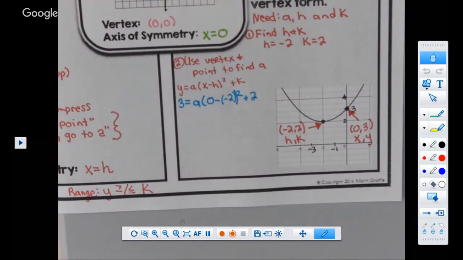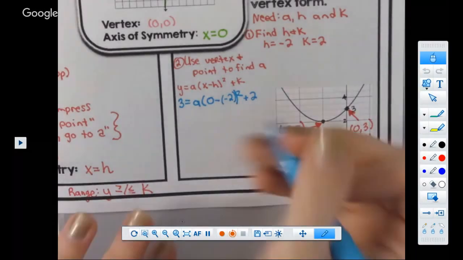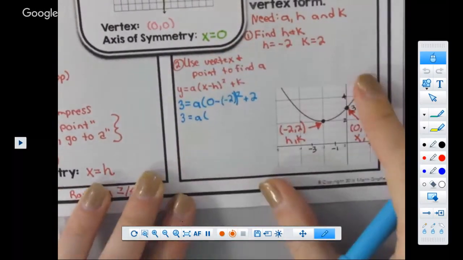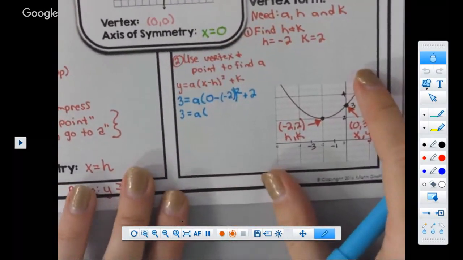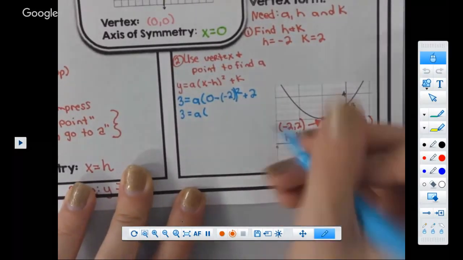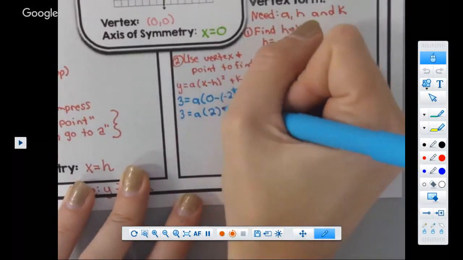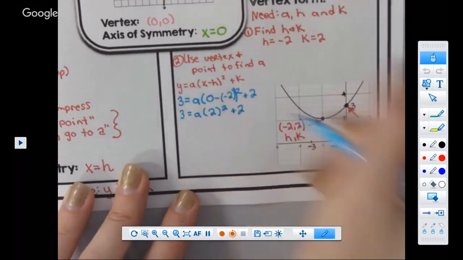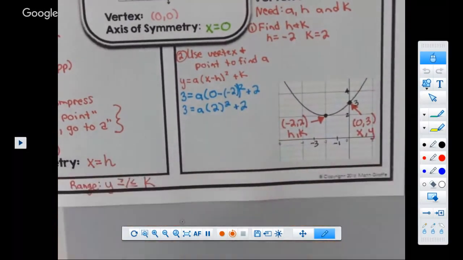All right, so here's what it looks like. A equals A. What does that -2 become? +2. What is 0 plus 2? 2. We have A times 2 to the second power plus 2. 2 to the second power is 4.